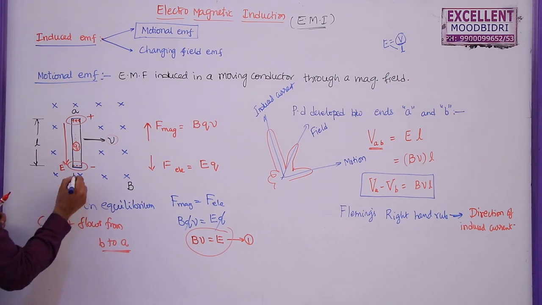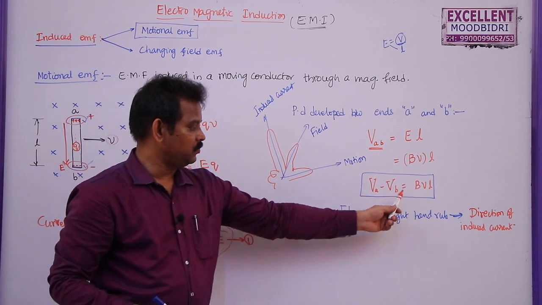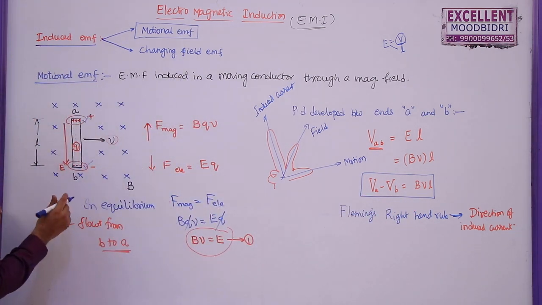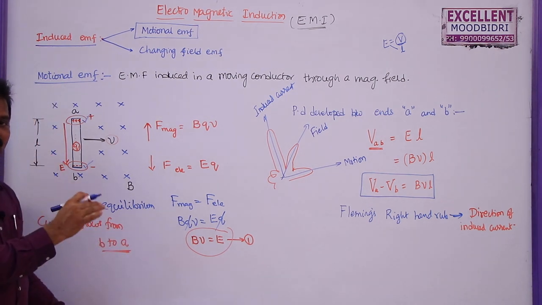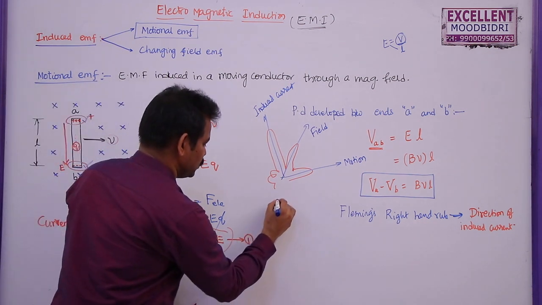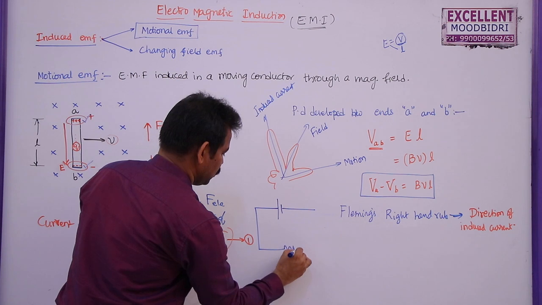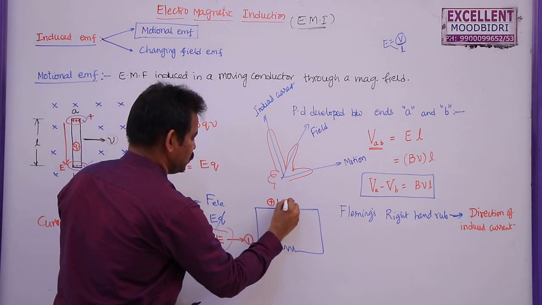But we may have a doubt. Sir, you are telling that this is at negative potential, this is at positive potential. Already you wrote VA minus VB is equal to BVL. But how does current flow from negative to positive? Remember students, current always flows from the positive terminal to the negative terminal in a given circuit. In current electricity, if you consider a closed circuit, this is the positive terminal, this is the negative terminal.